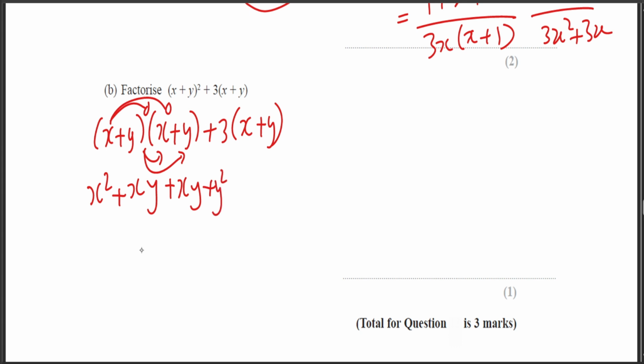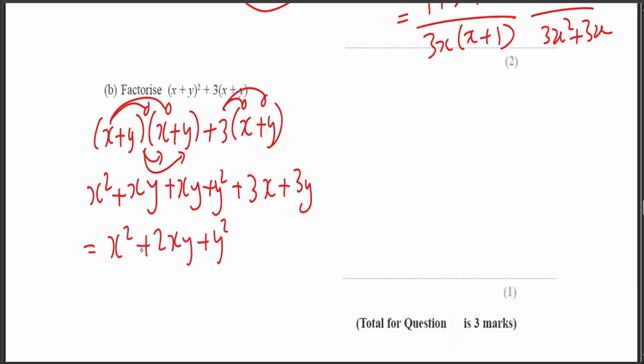Then if you open up this, 3 times x gives you 3x, and 3 times y gives you 3y. Now collect it. This is going to be x squared plus 2xy plus y squared plus 3x plus 3y.